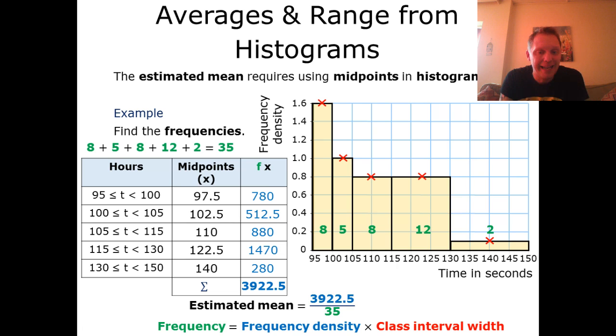So my estimated mean is going to be my values added together, which is going to then divide by how many I've got, in which case I've got 35 frequencies. So all in all, that gives me a grand total of 112.1 seconds to 1 decimal place. And that's my estimated mean.